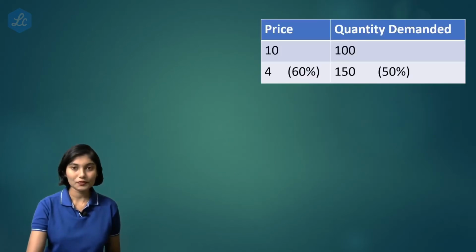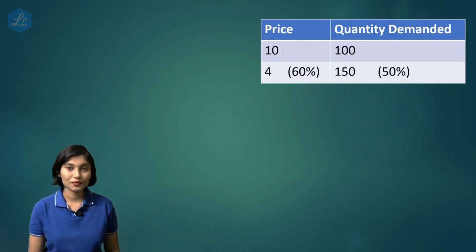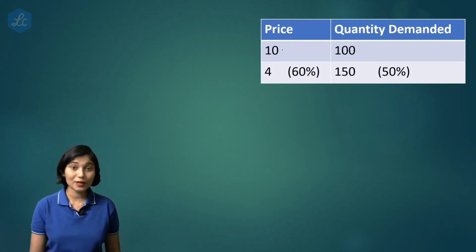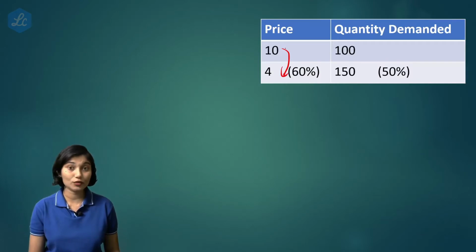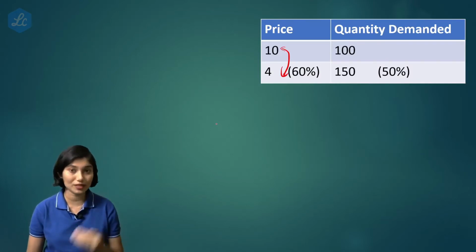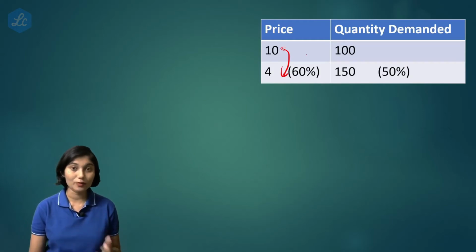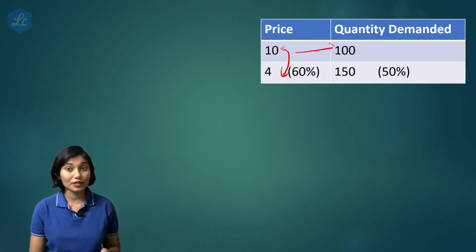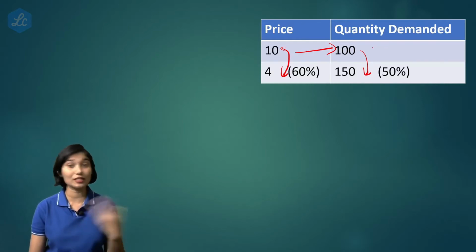Okay. So for example, over here, you see the original price was 10 and it fell down to 4, right? There was a 60% drop in the price. However, the quantity demanded was 100 earlier, now it has increased to 150. Now you know that the price has fallen, so quantity demanded should have increased a lot.